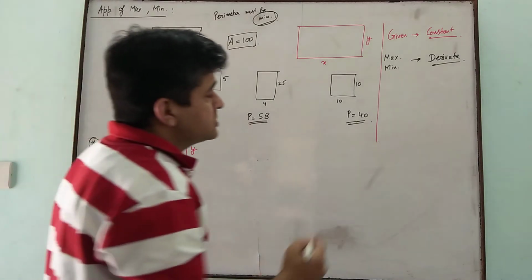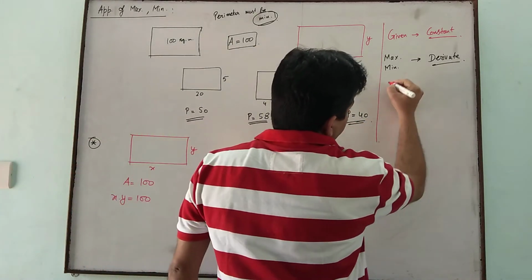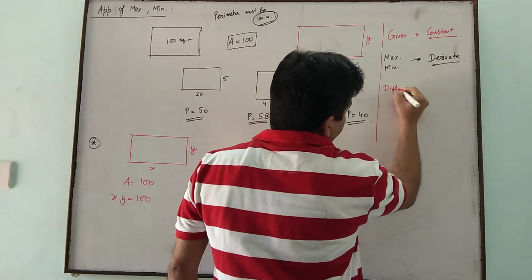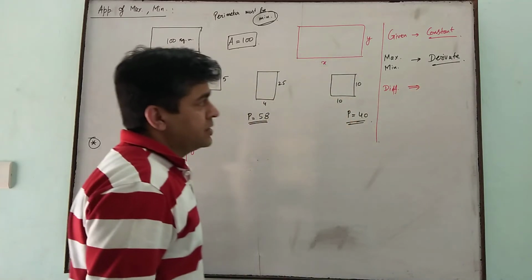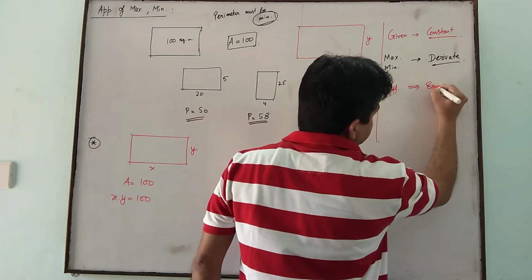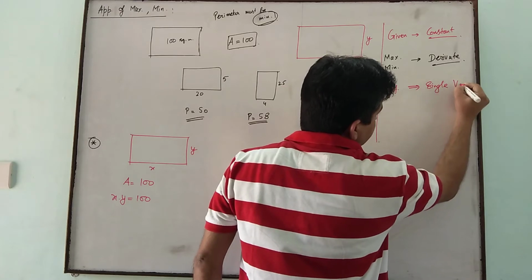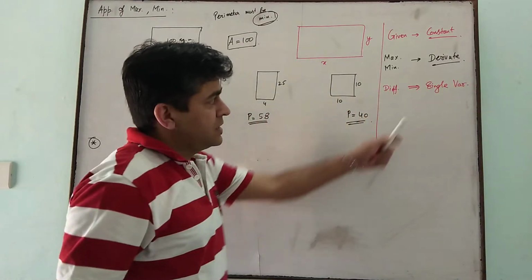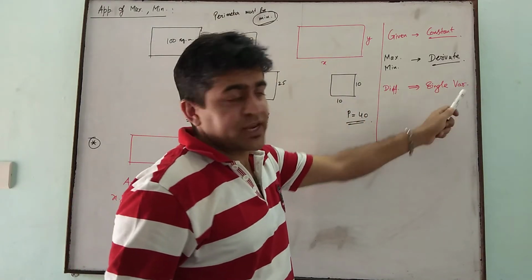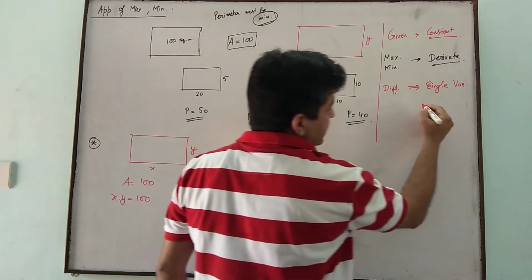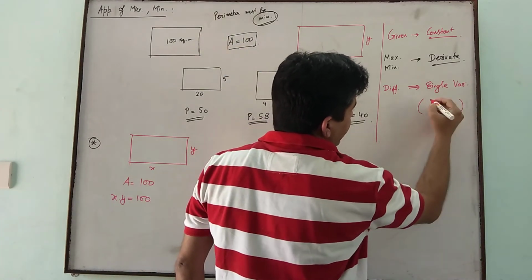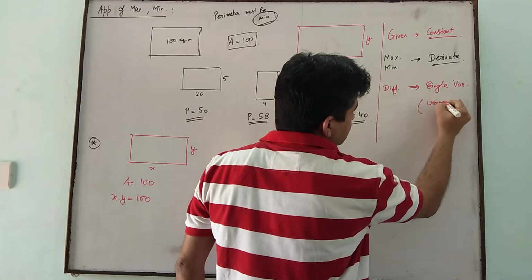And third is, the thing which we are going to differentiate must be in a single variable. That must depend on a single variable. If it is not in a single variable, do it by using the constant.